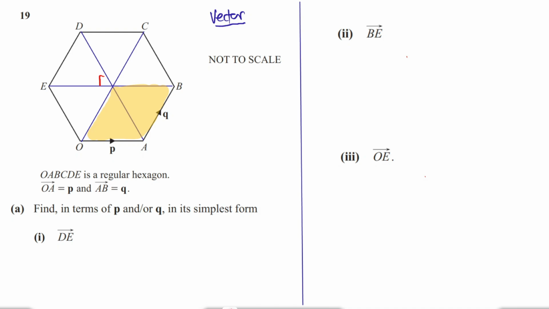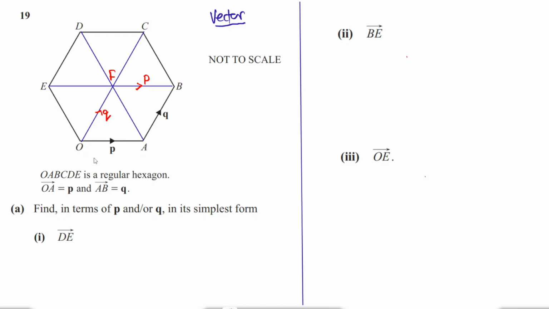So what we can do here, if you see carefully, this is P, then this part has to be P. So opposite sides are equal. If AB is Q, then this OF has to be Q in this direction. Direction is very important. When you write something here, put the direction as well.